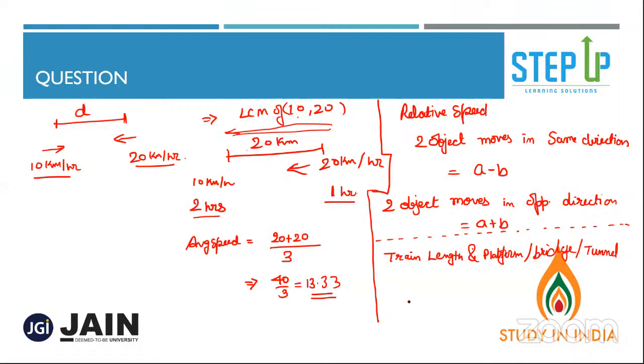Train length plus platform length, or train length plus bridge length, or train length plus tunnel length, like this. Fine. So this was all about it. And we will understand more concepts when we look at the questions.